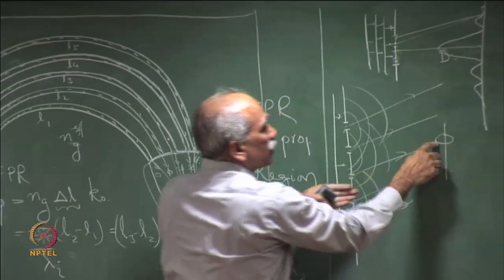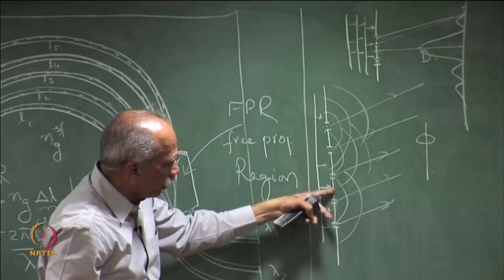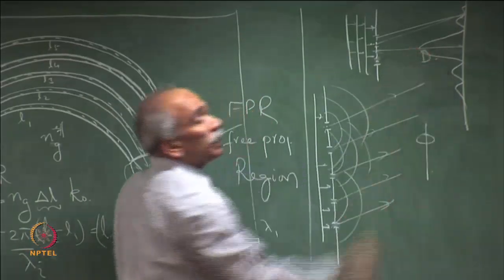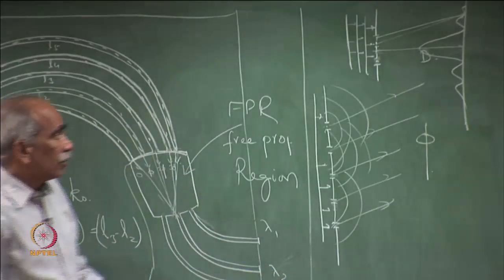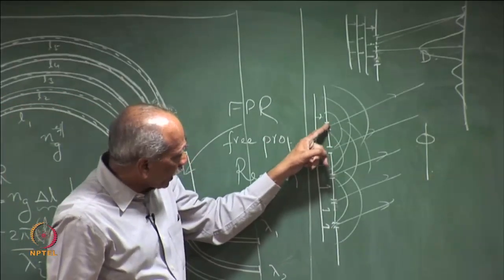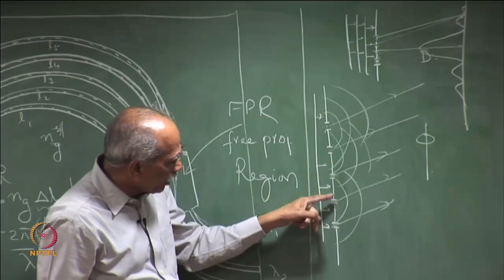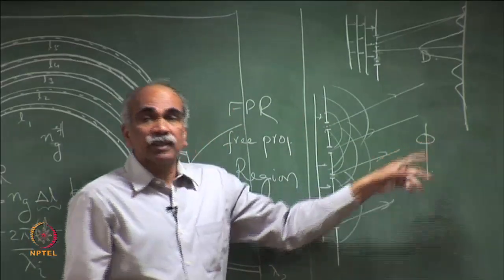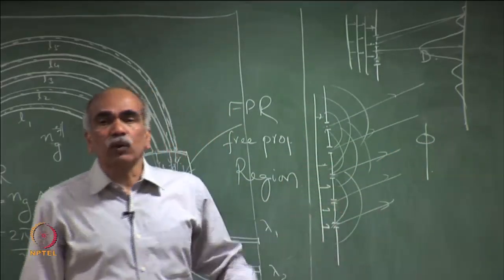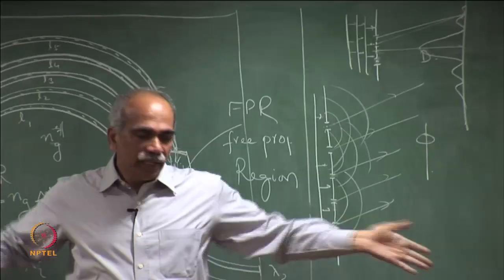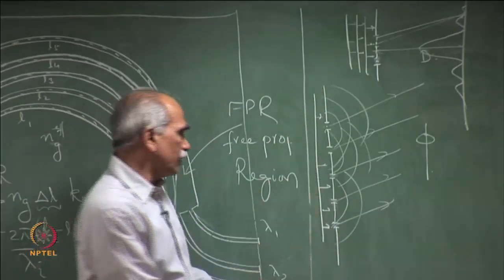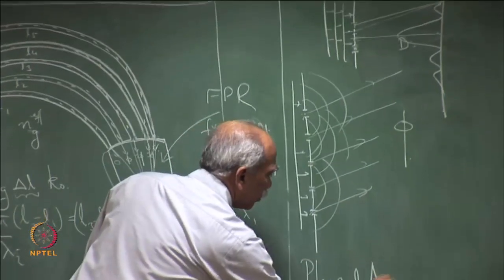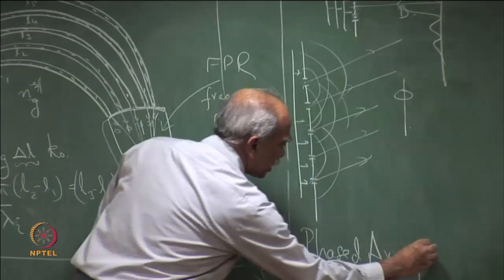A constant phase difference phi will lead to different positions of the peak, and if we continuously change the phase difference, the angle changes. So, when phi is equal to 0, let us say here is the antenna, this is the principle of the phased array antenna.